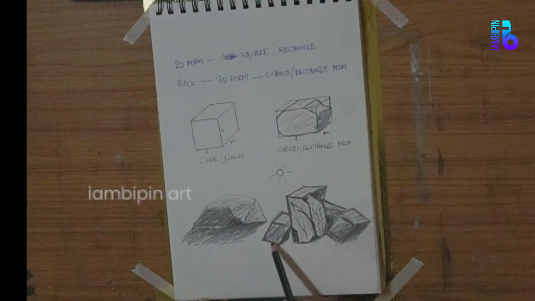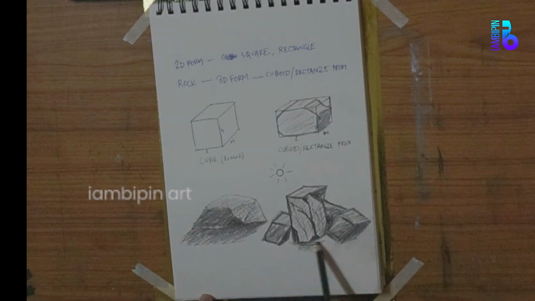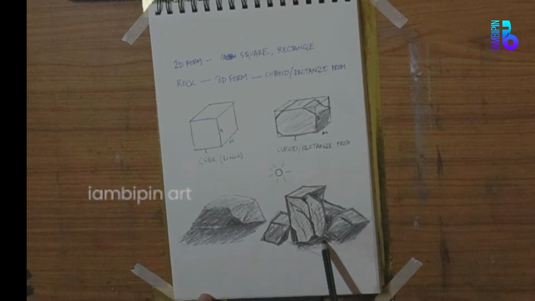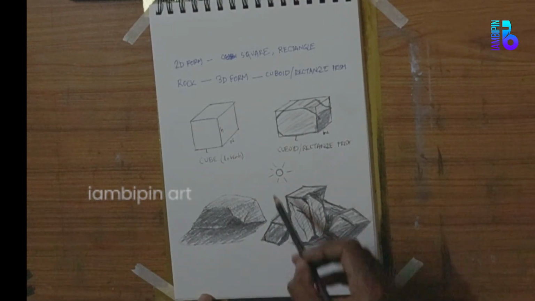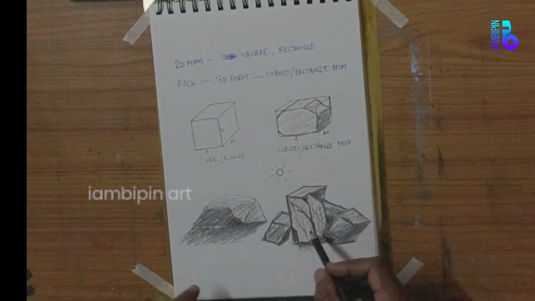And of course, there will be this shadow part. Here, the light source is here, so the shadow will be on this side.